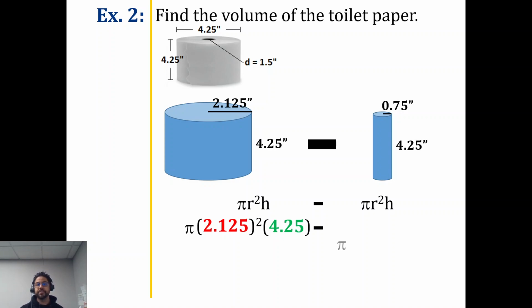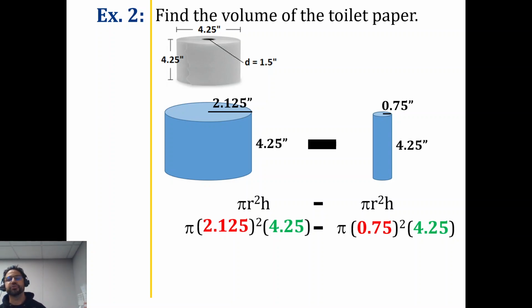You're going to repeat the process over here on the smaller one, quick substitution, and then calculation. At the very end, remember, you're going to go ahead and subtract your two volumes together to find the actual volume of the physical toilet paper, all the little paper sheets together.